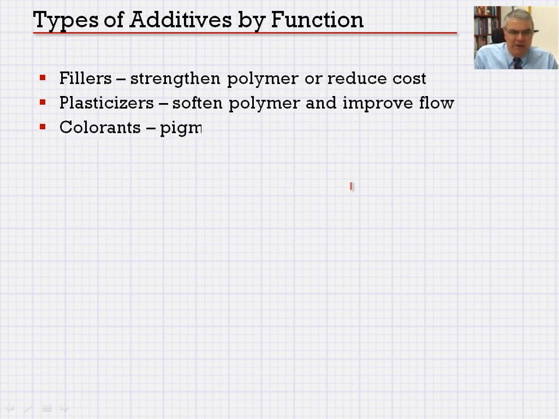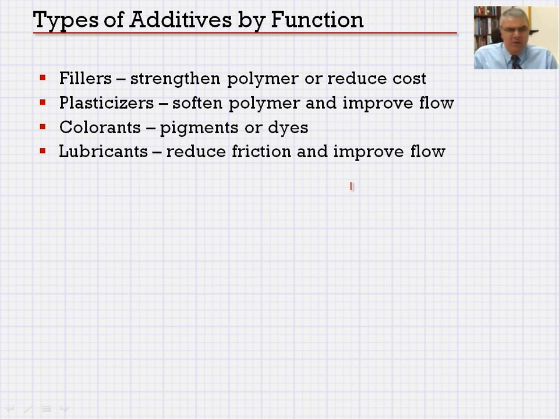There are different types of additives that I'm going to go over here by function. For example, the filler strengthens the polymer or reduces cost. That's a filler that's added.